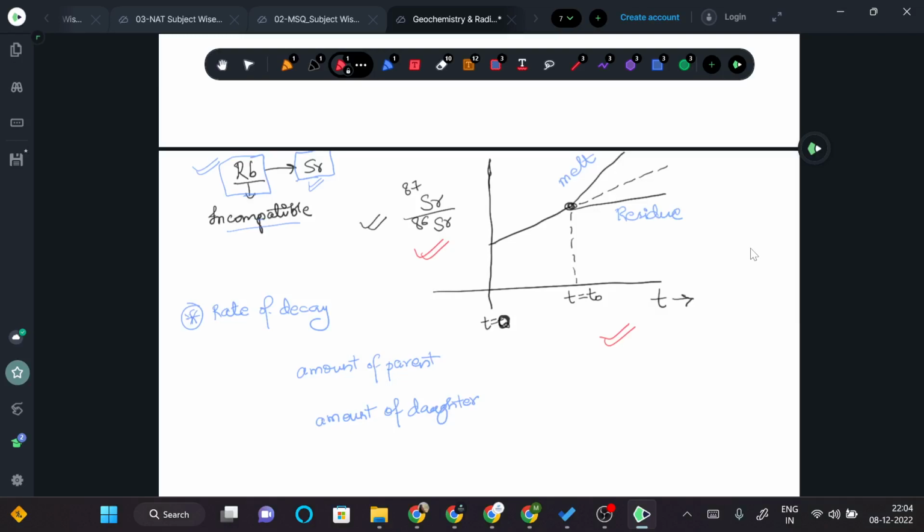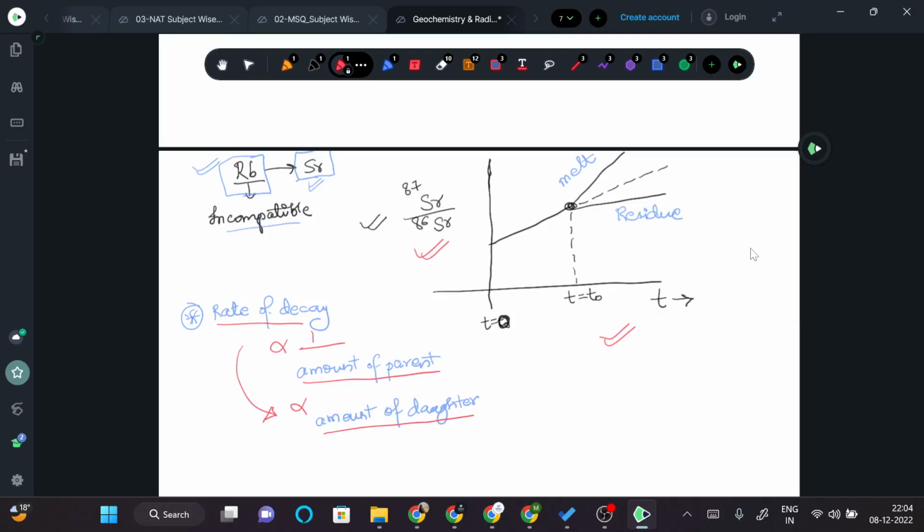So, rate of decay: if you start decaying the parent a lot faster, the amount of parent actually decreases with time. So this is inversely proportional, and rate of decay is directly proportional to the amount of daughter. So basically the amount of daughter will increase if you increase the rate of decay.